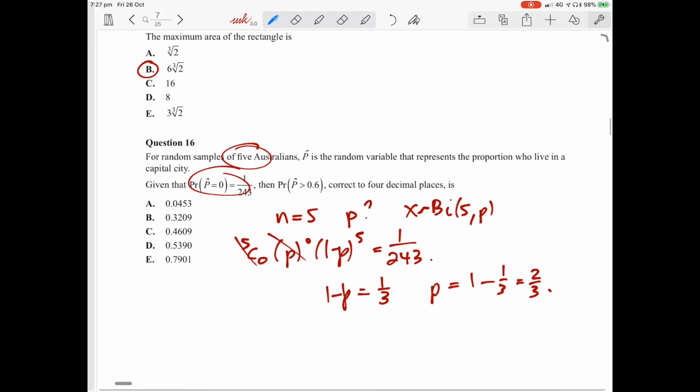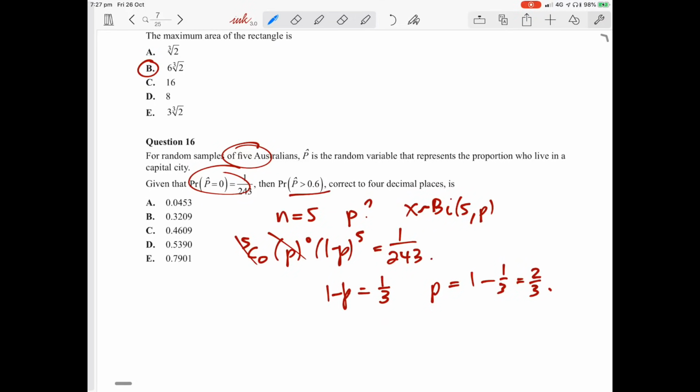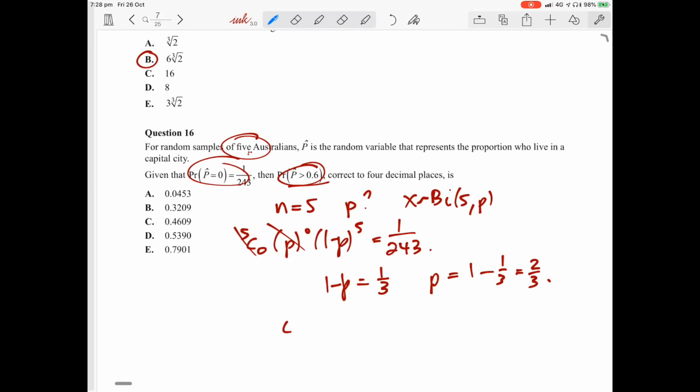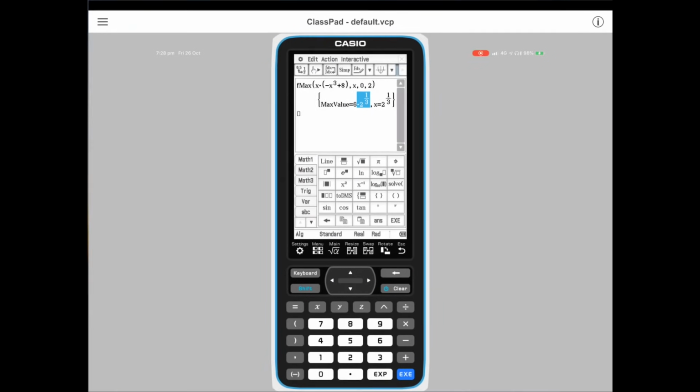Okay, so we know what P is, and I want P to be greater than 0.6. So I've got 5 of them. I can't have 3 because that's 0.6. I've got to have 4 or 5. So it's binomial 5. So binom CDF, P is 2/3.